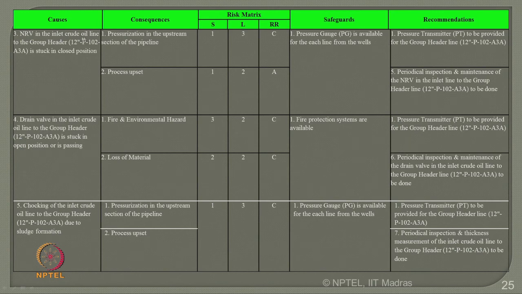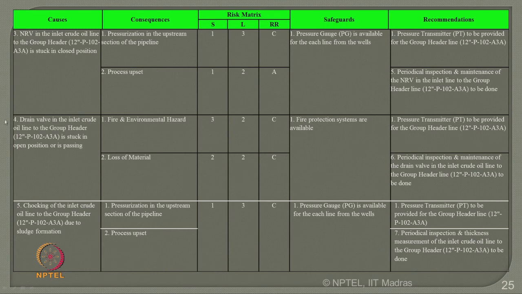If that is the case, the precipitation will happen, which will cause risk ranking C. Of course, there are pressure gauges available to check the functionality of the non-return valve. However, we also recommend a pressure transmitter to be provided in the line to check any failure of the non-return valve.